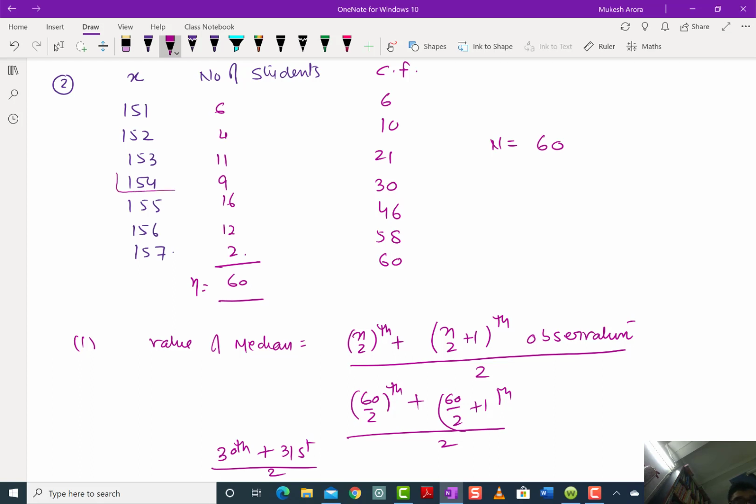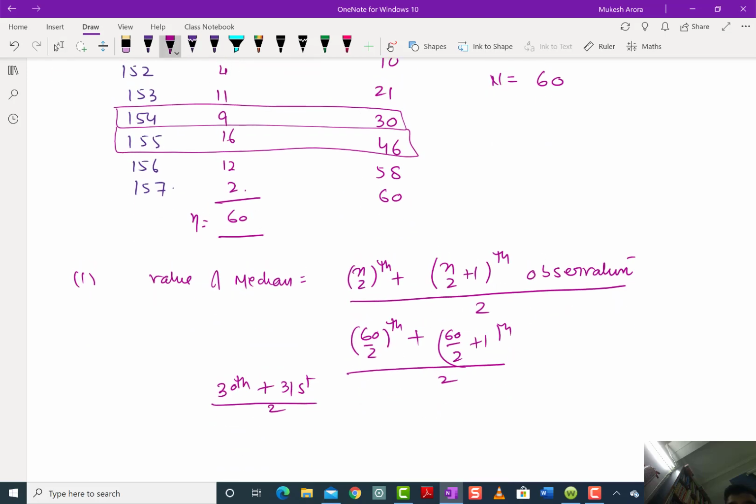The 30th will lie here and the 31st will lie here. So it will be 154 plus 155 by 2, that is 154.5.